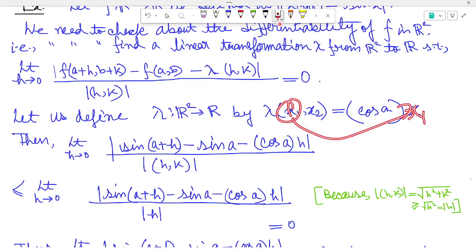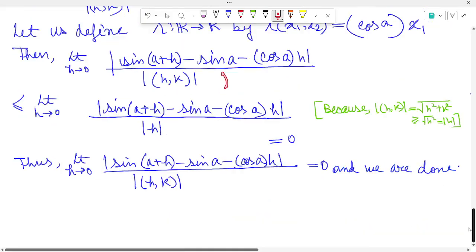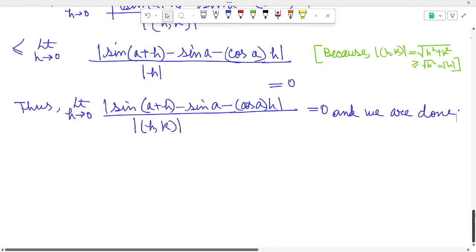Therefore I take x1. My target was this actually, to apply this, so that it smoothly goes this. They are the same h.